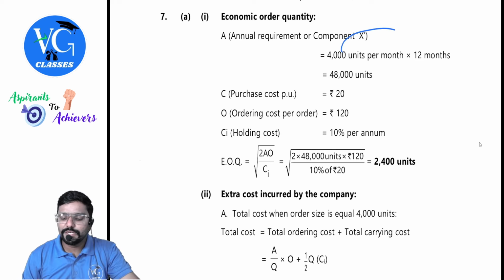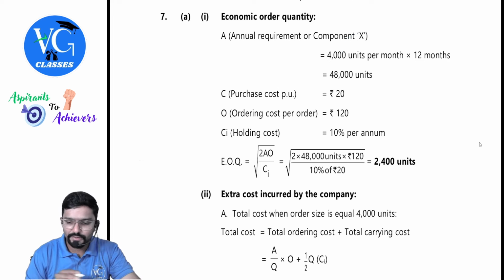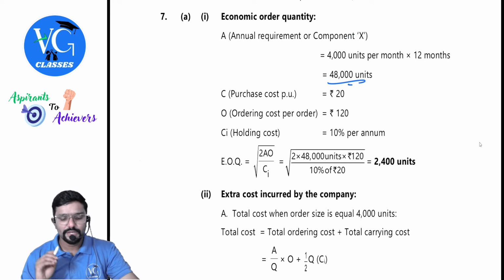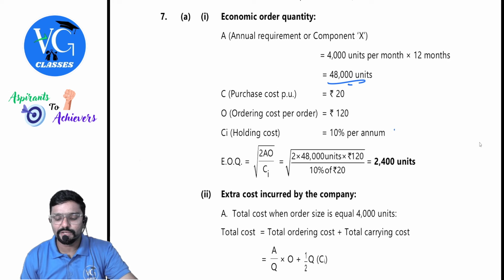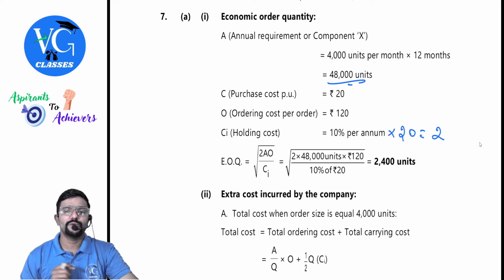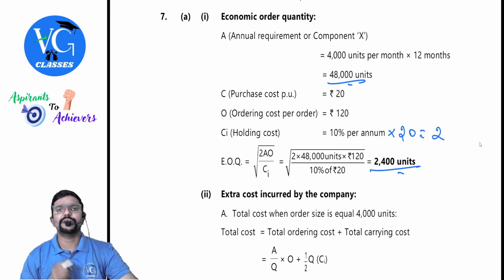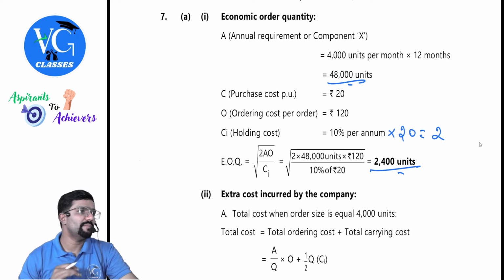Annual demand 4,000 into 12, which comes to 48,000. Next, purchase price 20 rupees. Ordering cost per order 120. Holding cost is 10%, so carrying cost would be 20 into 10%, which comes to 2 rupees. So EOQ is 2,400 units, where my cost would be minimum.